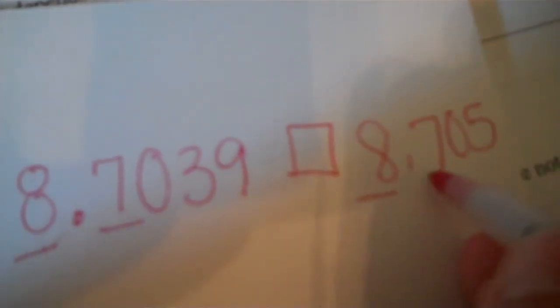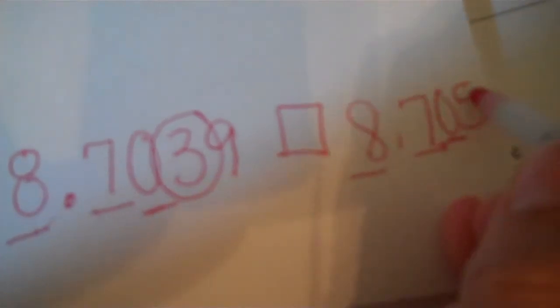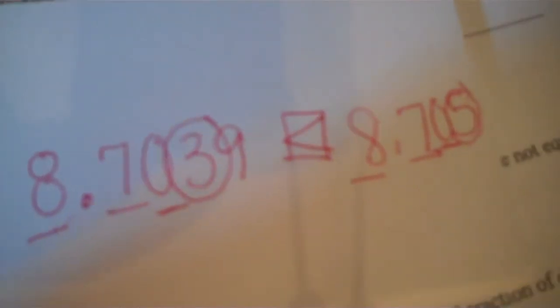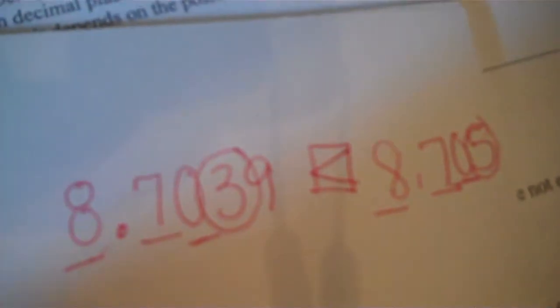Tenths place, they're both alike. Hundredths, they're both alike. Once we get to the thousandths, this is where we see something different. We're now comparing 3 to 5, and we know that 5 is larger than 3, so your symbol will look like this. Okay?